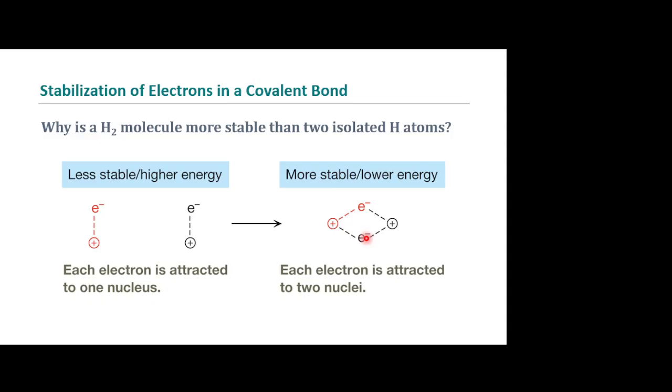Why doesn't helium bond? I mean, helium has the same orbitals, right? It has two valence electrons. They're still valence.